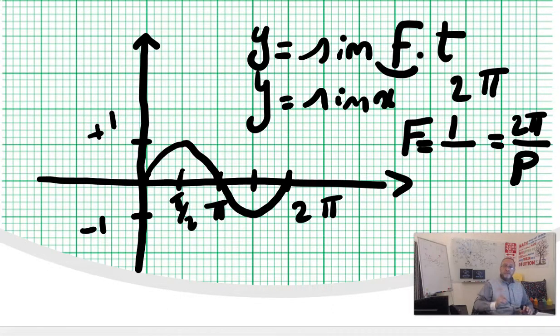It repeats the same pattern in different intervals of time. So it could be in 2 pi, it could be in pi, it could be in 4 pi, it could be in 6 pi, it could be in pi divided by 4. It depends. But the normal one is this one, y equals sine of x.